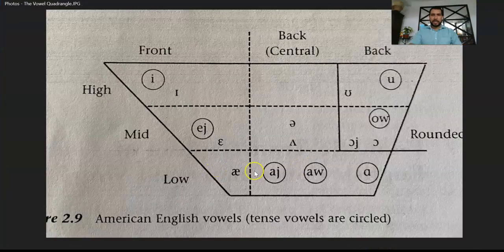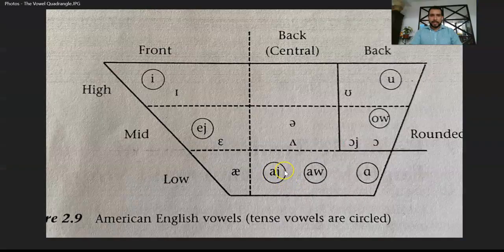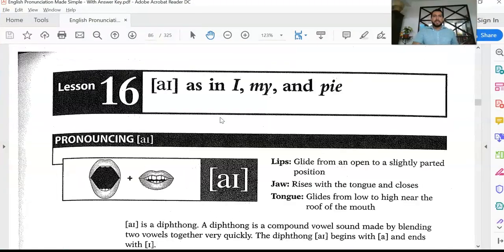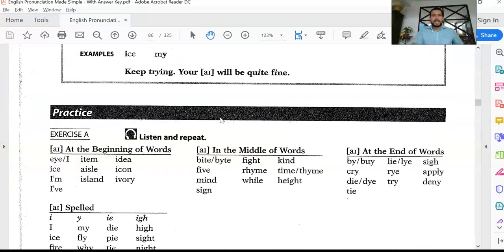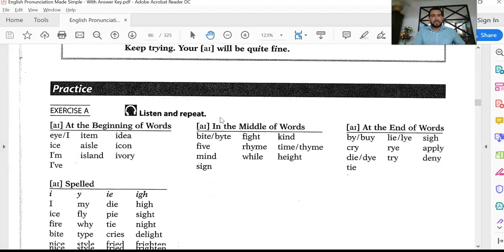Again, if you check it out here, I begins here, and your tongue should elevate towards the roof of the mouth when you pronounce it. I. That is because this symbol represents a sound which is similar to this one. So it begins here and goes here. I. All right?